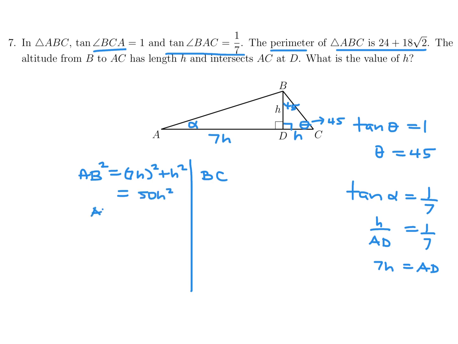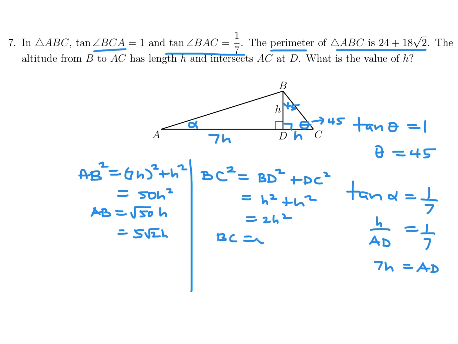So AB is root 50h. And root 50 is what? 25 times 2, so 5 root 2. So 5 root 2h. BC squared is going to be BD squared plus DC squared, just h squared plus h squared. So that's 2h squared, and BC is root 2h.